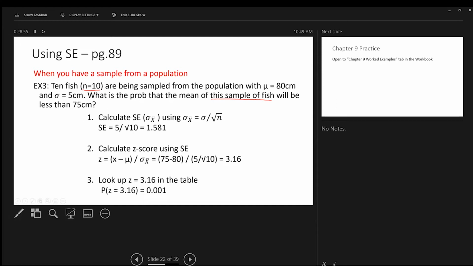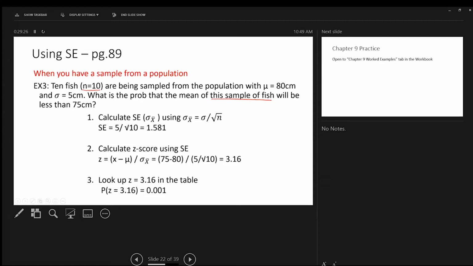We then calculate our z-scores using that standard error instead of standard deviation. So we've got x minus mu divided by our standard error. So 75 minus 80 divided by this value we calculated before, and we get 3.163. Now we look up that value on the table, and we get 0.001.